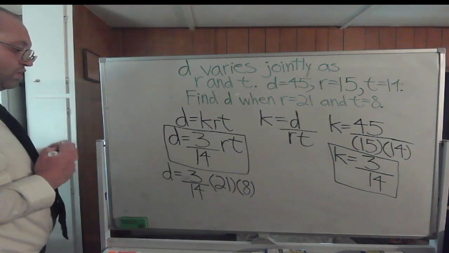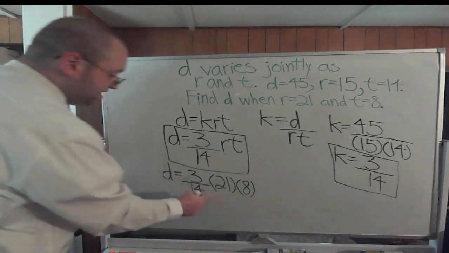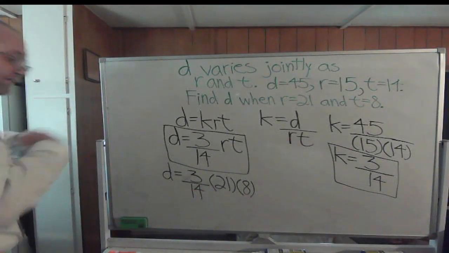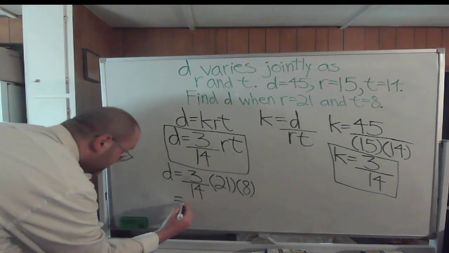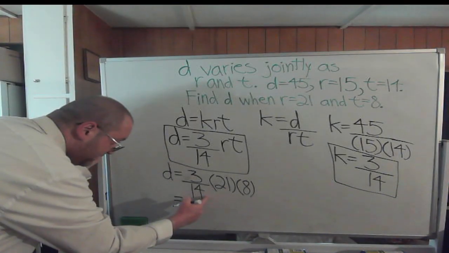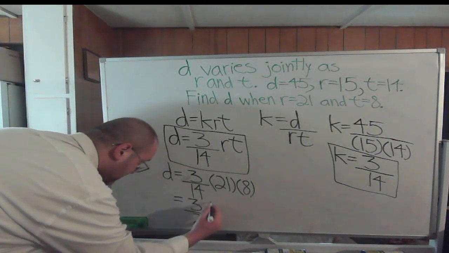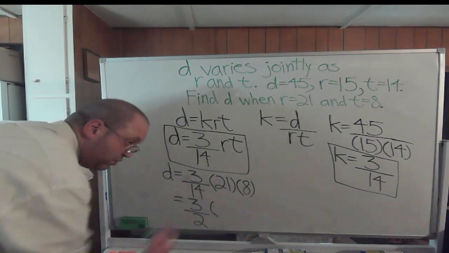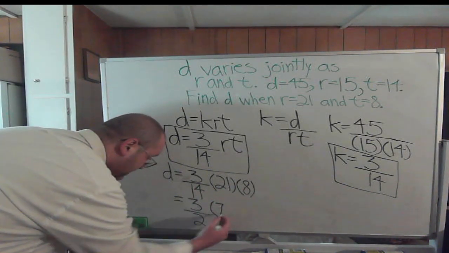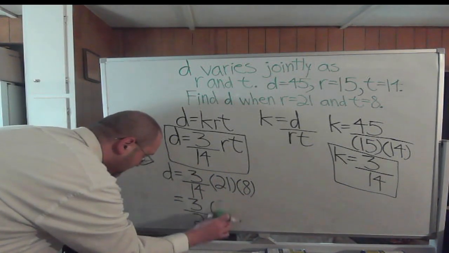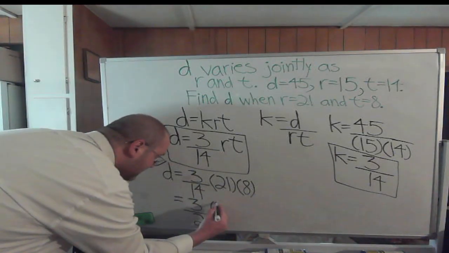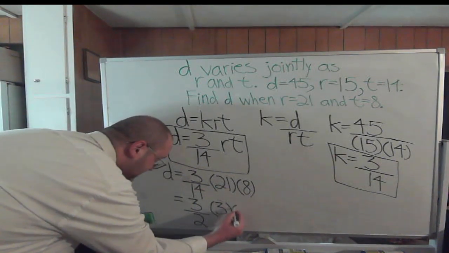Now, we know between 14 and 21 there's a common 7 that'll factor out. If you divide that 14 by 7, you get 2. So what you'll have is 3/2 times, now if you divide 21 by 7, you get 3, times 8.